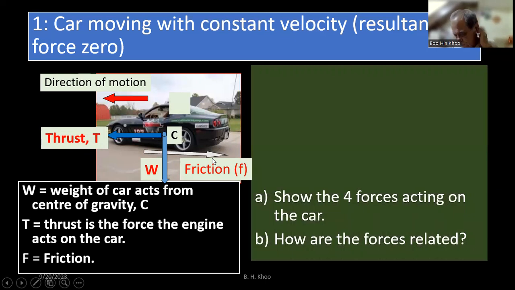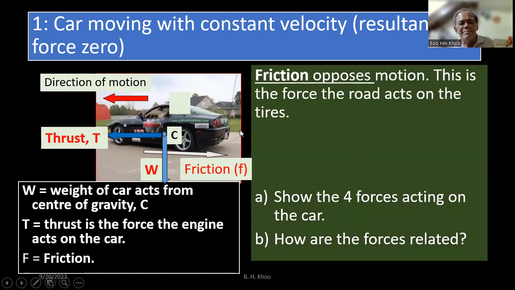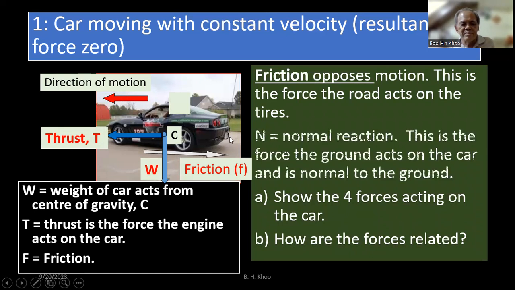Or if you prefer, you can call it drag to consider the air resistance and friction together. Friction opposes motion, so its direction is always opposed to the direction of motion. Then there's the normal reaction. This is the force the ground acts on the car and is normal to the ground. Normal means 90 degrees to the ground, vertically outwards.